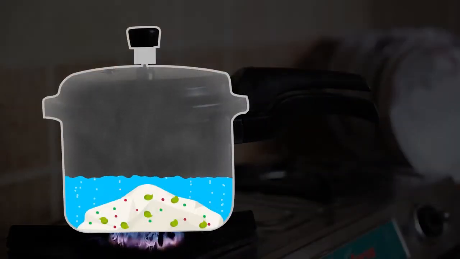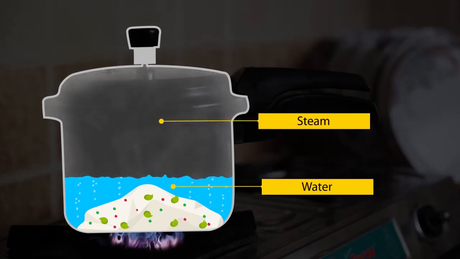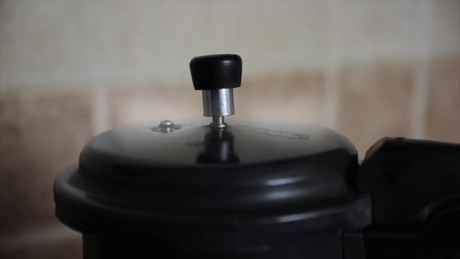When you cook food in a pressure cooker, the heat energy converts water to steam. The steam in turn lifts the vent weight on the top of the cooker lid and a whistling sound is produced. The lifting of the vent weight suggests that heat is a form of energy capable of doing work.